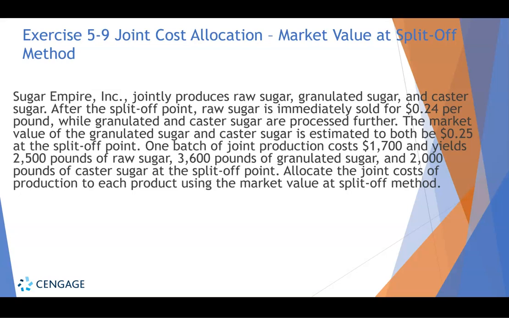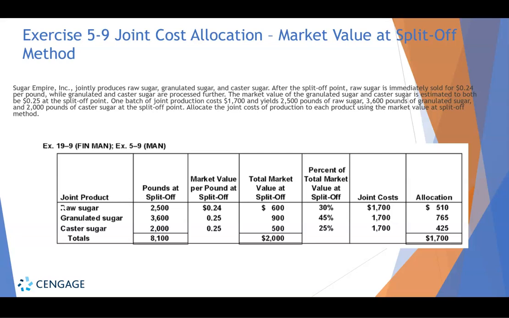One batch of joint production costs $1,700 and yields 2,500 pounds of raw sugar, 3,600 pounds of granulated sugar, and 2,000 pounds of castor sugar. Allocate the joint costs using the market value at split off.